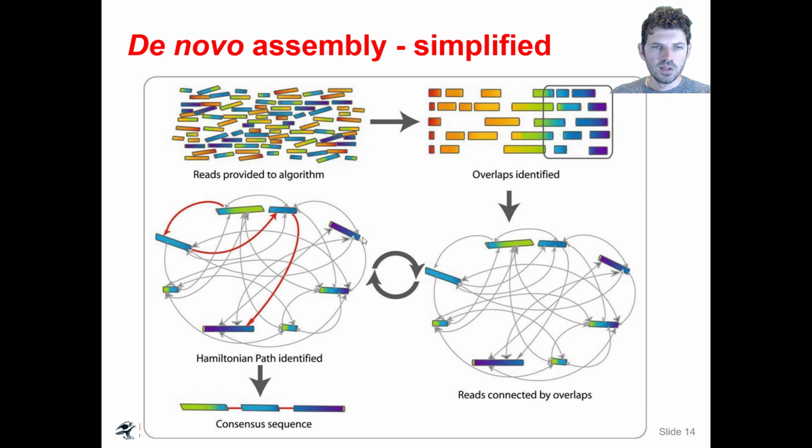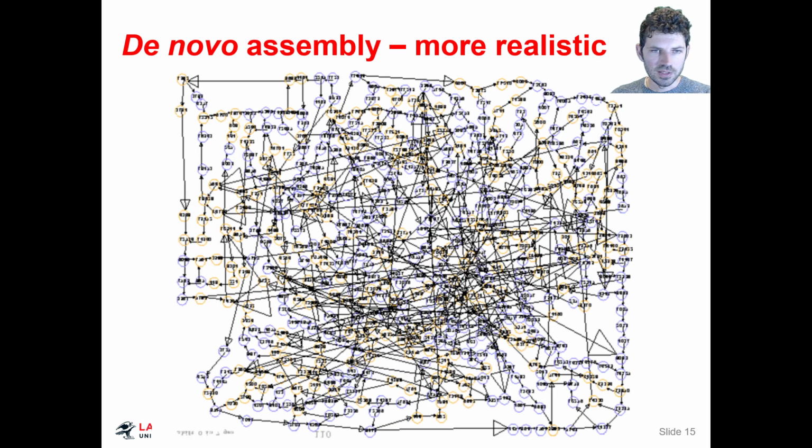Then there's a more complex computational process involved, which can use paired-end sequencing, where you're trying to find connections in between those contigs, and in the end you'll end up with your consensus sequence, which will have gaps in it. So this is complex, but still a simplified visualization of how this would occur. In reality, it's even messier, because you get these graphs being constructed by your computer, and this is essentially what it's trying to do on your behalf.